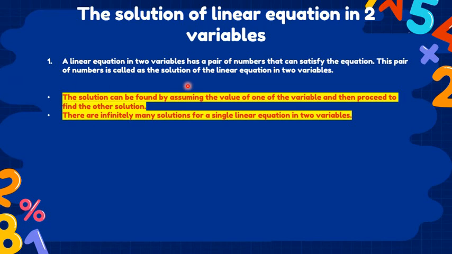This pair of numbers is called the solution for the linear equation in two variables. The x and y are the two variables. When we take x as 1 and y as 2, we get a pair of numbers that are the solution of the linear equation in two variables.